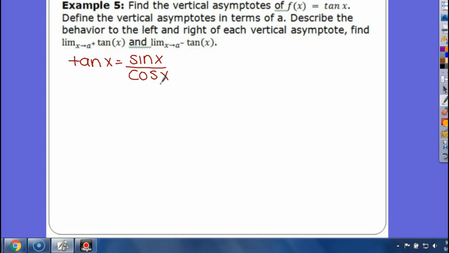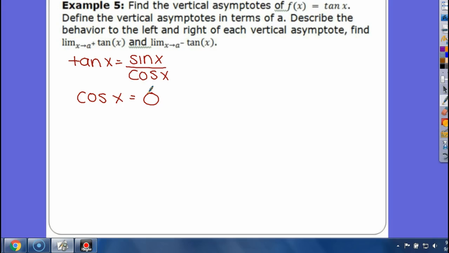When is cosine of x equal to 0? See, it's okay. It's a pattern. Wait. Cosine of x at 0 and pi is 1 and negative 1. It's at the top and the bottom, right, guys?